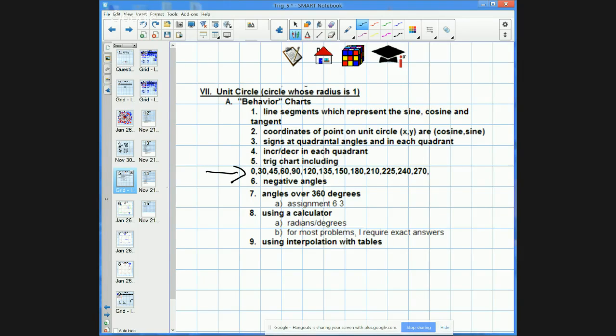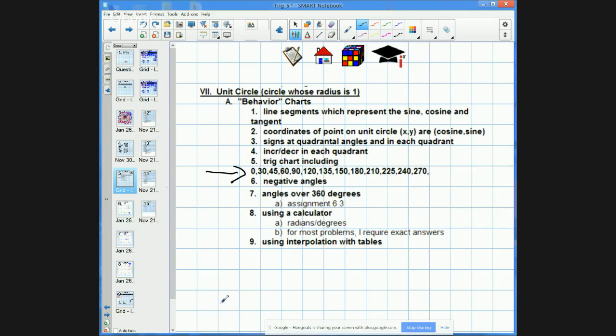As we get to these other special angles in new quadrants, we can use our root behavior charts in order to come up with not only the proper ratio, but the proper sign. If we have time, we'll get into 6, 7, where we just get a reminder of what negative angles are, what happens when you go more than 360 degrees, and I don't know if we're going to get to 8 or 9. Probably not.